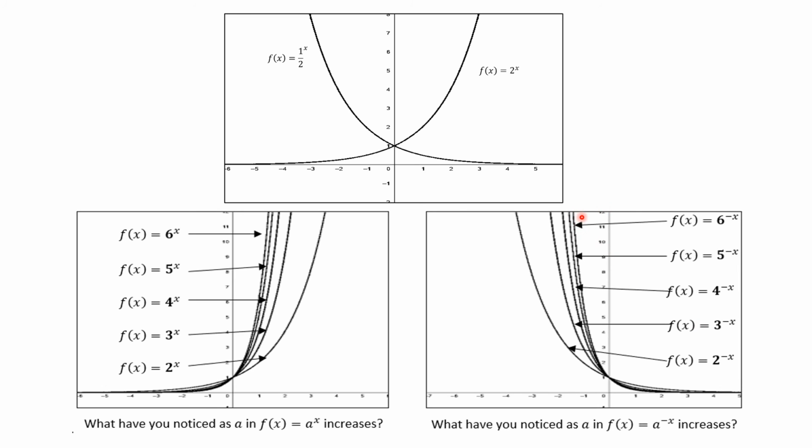The graph decreases faster, our graph goes downward, and it also gets closer to our y-axis. So, if our exponent is positive x, our graph is increasing. If our exponent is negative x, our graph is decreasing.